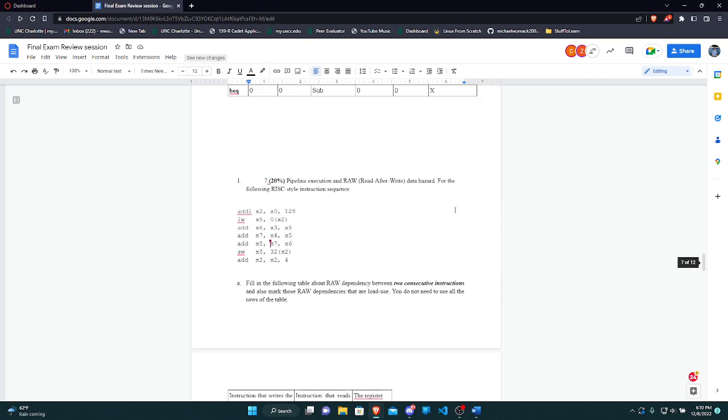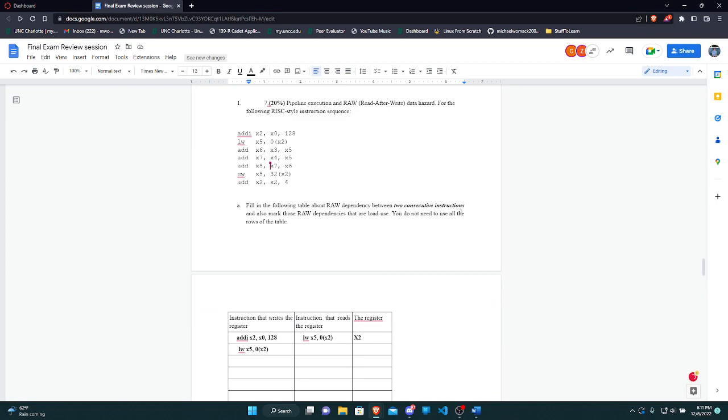So part A is fill the following table about raw dependencies between 2 consecutive instructions, and also mark the raw dependencies that are load use. You do not need to use all rows of the table. Okay, so they give us the first one, which is addi x2, x0, 128, and then this load word.